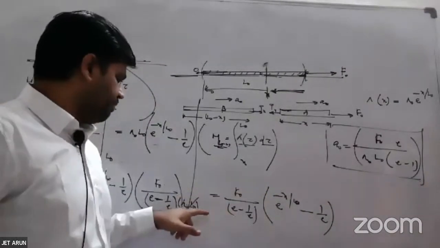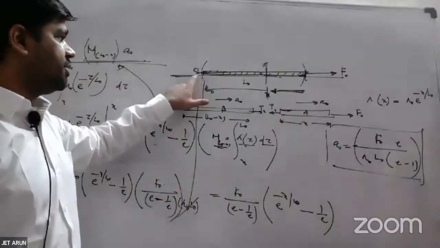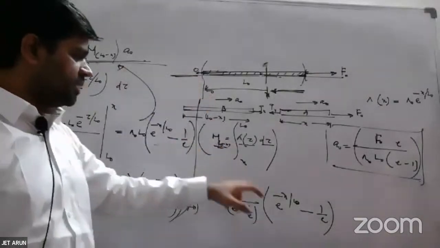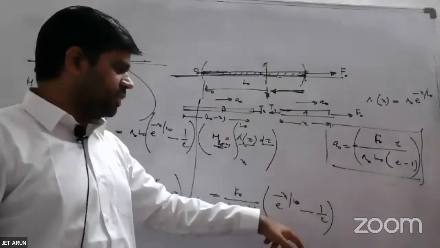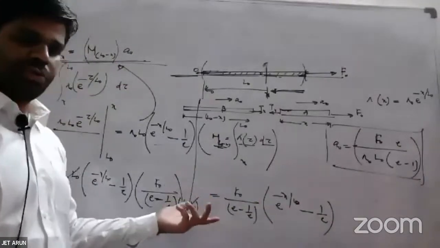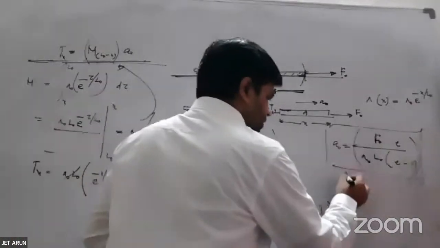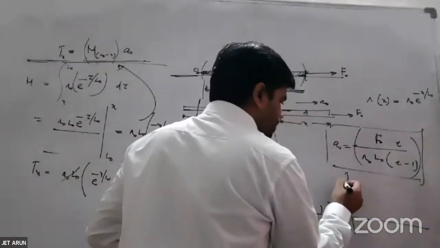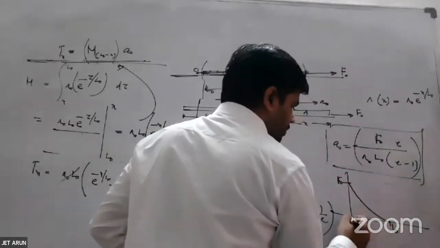Tension is F naught. Makes sense. At x is equal to L, tension should be 0. If I substitute L, e power minus 1 minus e power minus 1 is 0, total tension is 0. So that also makes sense. And if I plot this function, earlier it was linear, but this function is going to be exponential from F naught to 0, between 0 and L naught.